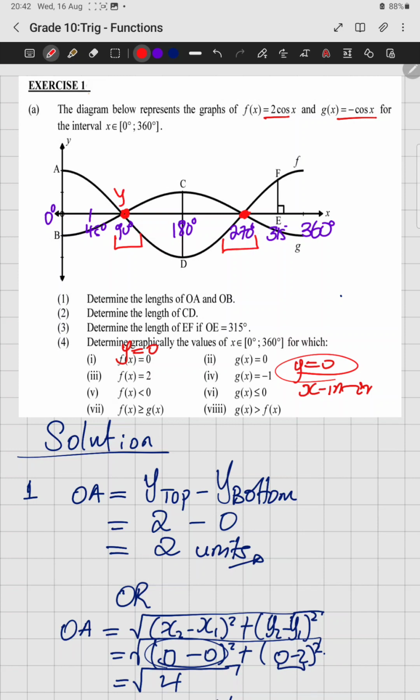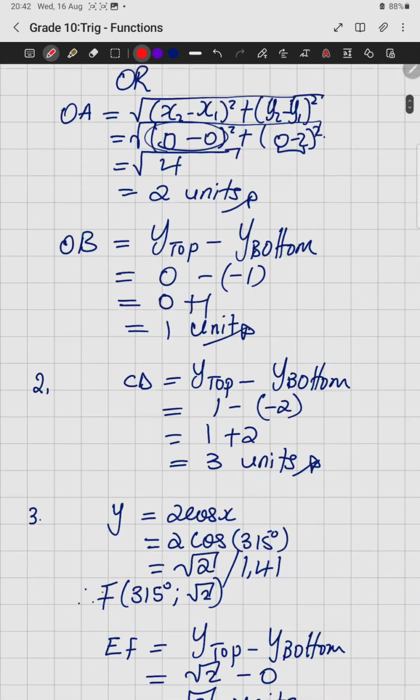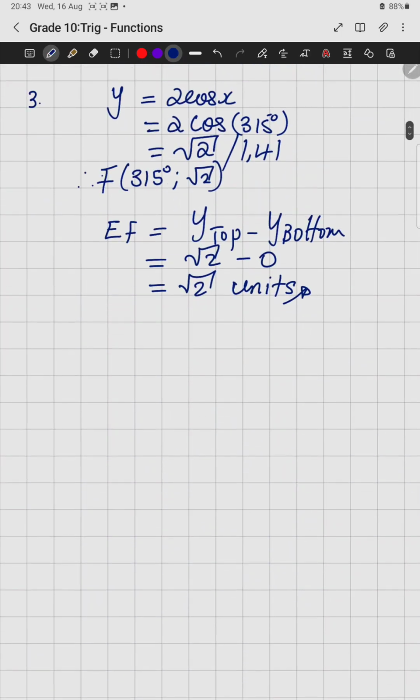That's where y is equal to 0, and it is between these two points over here. So how do we answer that? For number 4, when f of x is equal to 0, that means x is 90 degrees and x is 270 degrees. This is the answer.